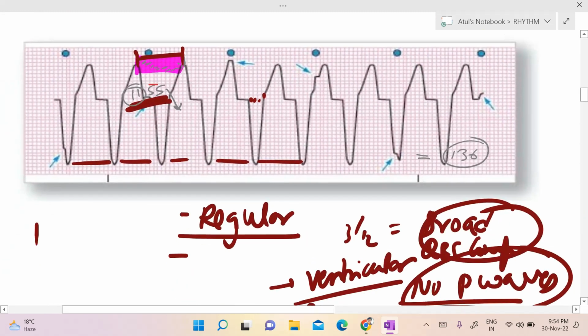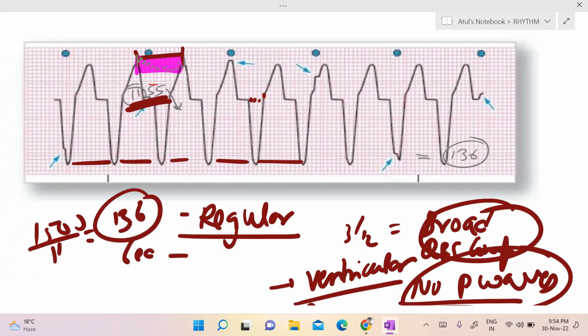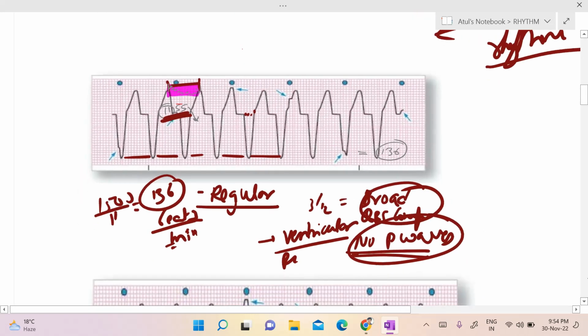Calculating the rate, 1500 divided by 11, around 136 beats per minute. So broad QRS complexes are coming at 136 beats per minute. This is most probably ventricular tachycardia.